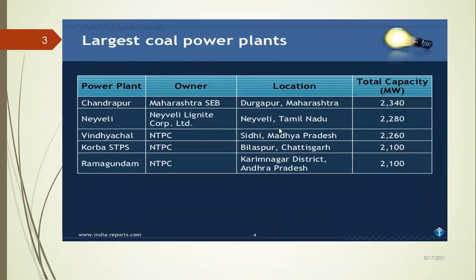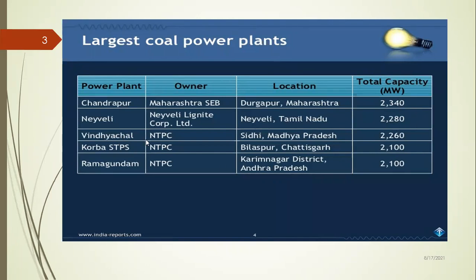And these are the different coal power plants in our country. The main ones are in Chandrapur in Maharashtra, then Neyveli Lignite Corporation Limited, and then Vindhyachal, Korba, then Ramagundam, all under the NTPC. Okay. So this is for the Chandrapur, Maharashtra, having capacity of 2,340, and the Neyveli plant is in Tamil Nadu with the capacity of 2,280 megawatt.